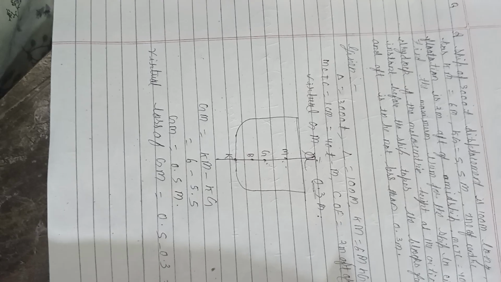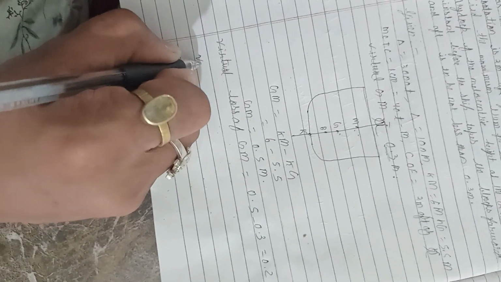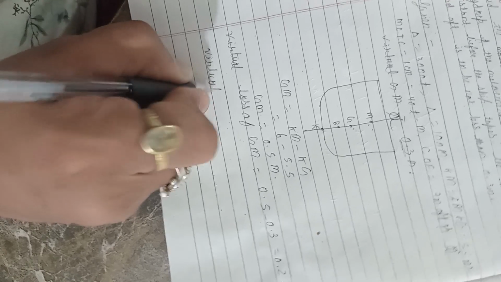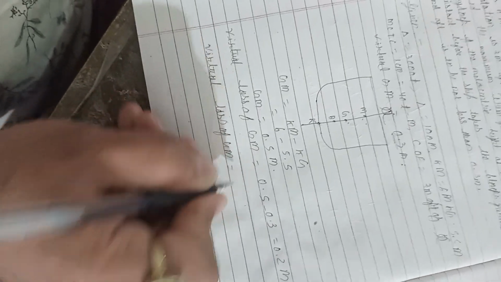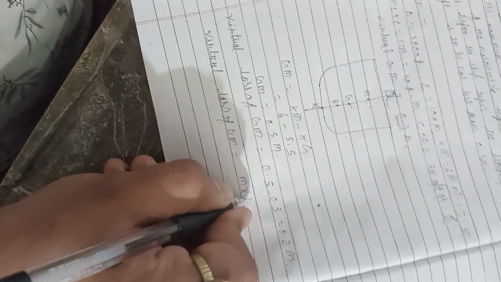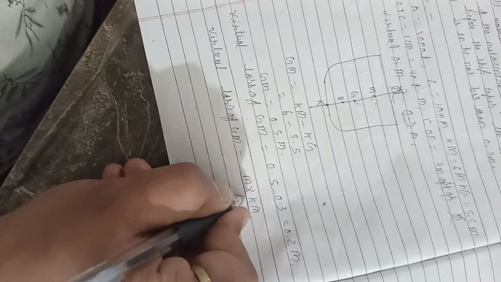Now there can be n number of methods to solve this. First of all, virtual loss of GM is equal to m into KM upon delta.